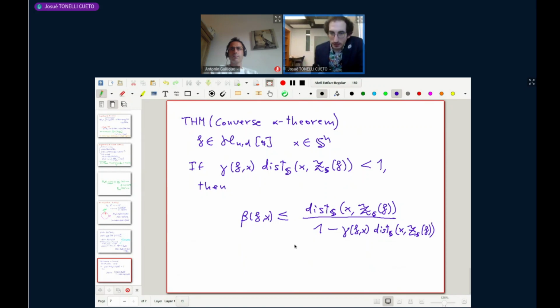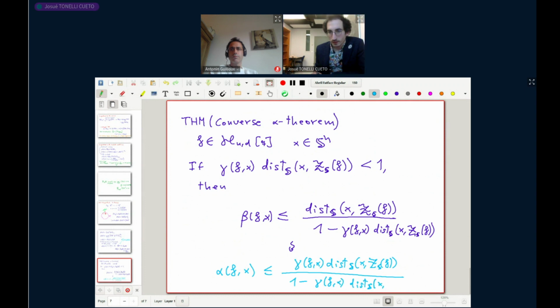Multiplying this by gamma, we get gamma f,x times the distance over one minus gamma f,x times the distance.